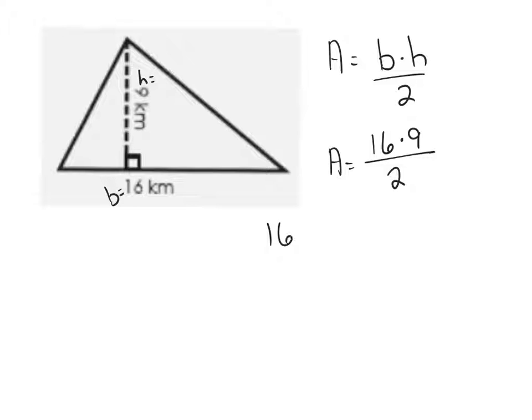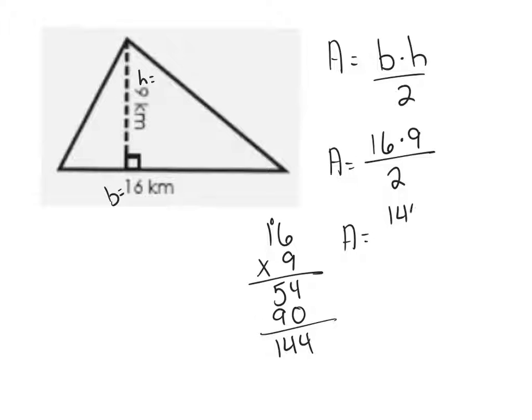So then 16 times 9. If you were in my 4th grade class, 6 times 9 we know is 54, then 9 times 10 is 90. You add that, you get 144. So then we have A equals 144 divided by 2.